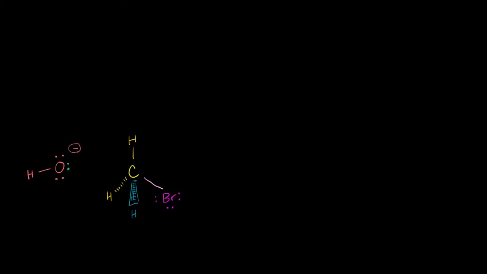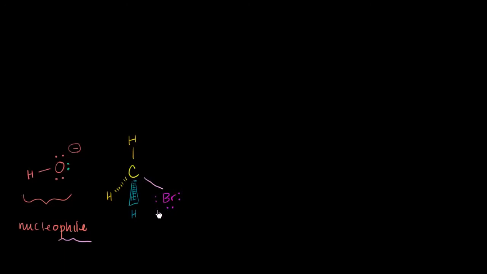So in this reaction, we are going to refer to this hydroxide anion as the nucleophile. Phile literally refers to something that this thing likes. It's a nucleus lover, you could say. And so it might want to share a pair of electrons with a nucleus.